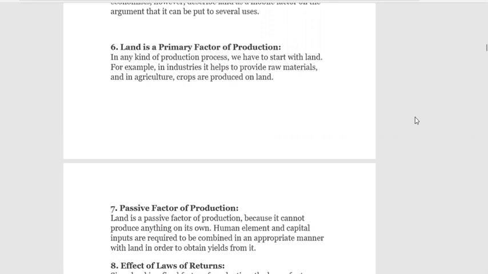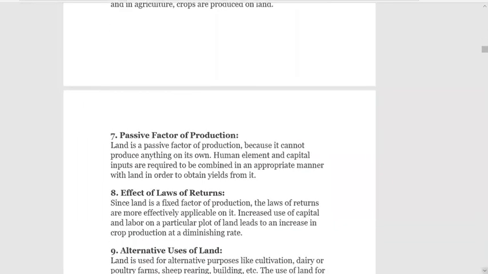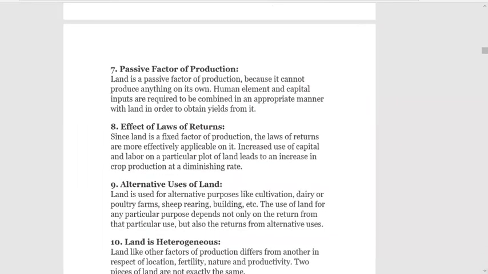It's a passive factor of production. What does it mean? Why is it called a passive factor of production? Because land cannot do anything on its own. If you have a piece of land, that land cannot do anything unless you put efforts on it.